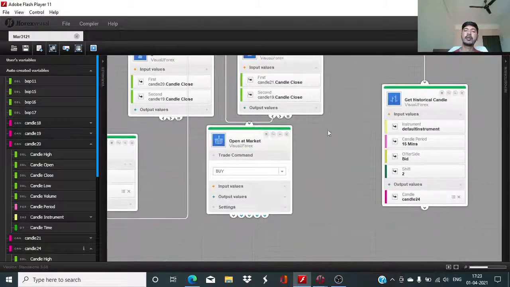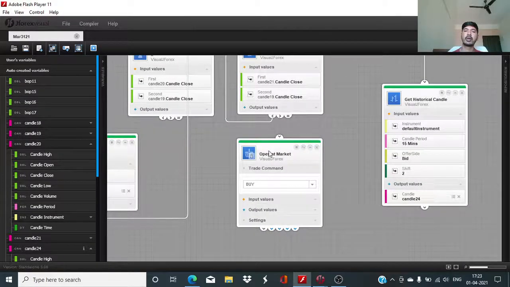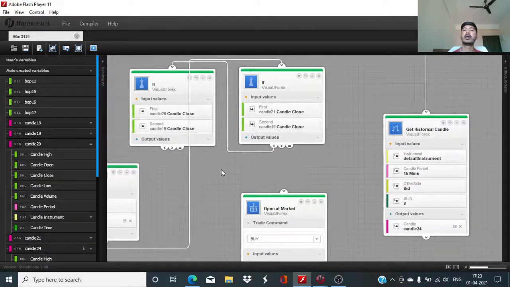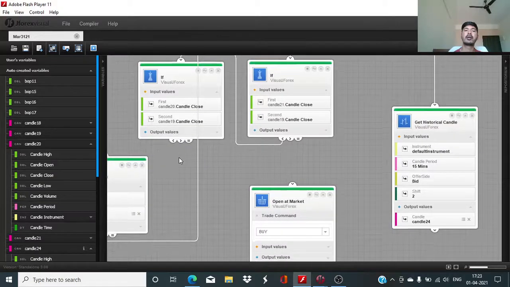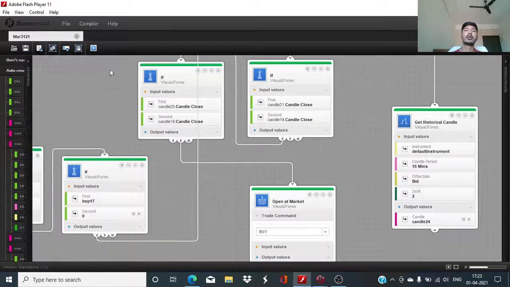So in this case we will be going for the execution of the order straight away. It won't be a pending order. So as soon as conditions are fulfilled, the execution for the buy side will happen. First input greater than second input.